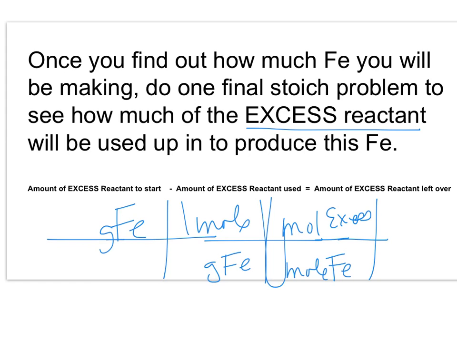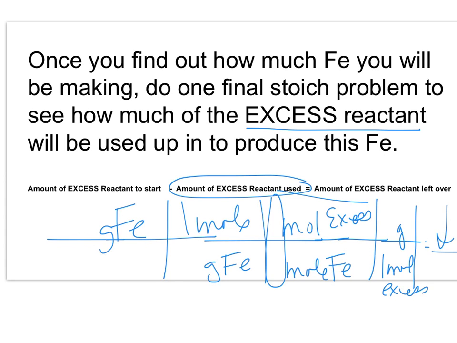And of course, this ratio comes from the balanced equation. And then you take 1 mole of that excess reactant and calculate the molar mass, and you're going to get grams. This is going to be grams that are used. So that's going to give you the mass of the excess reactant that is used. So then you take 100 grams to start minus what you just calculated, and that should be the excess reactant. So pause the video and do that final step, and let's see if you get it right.